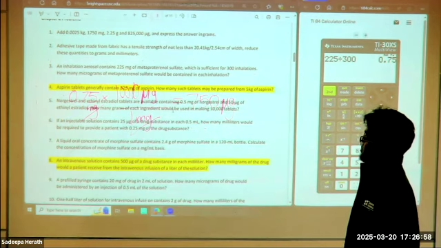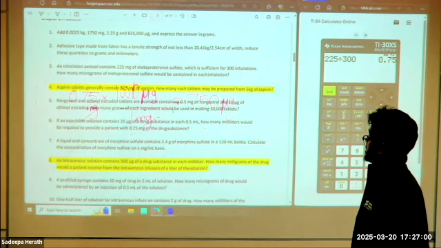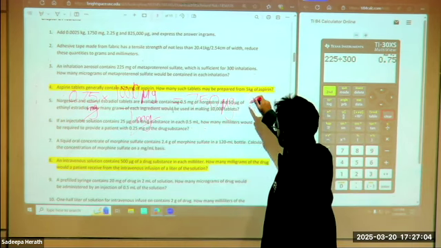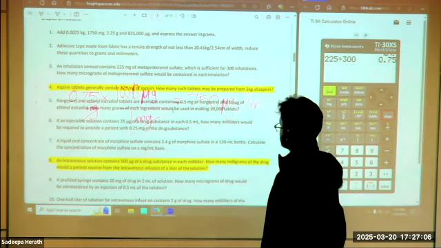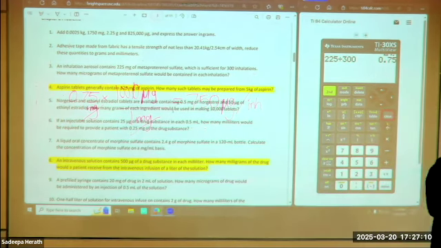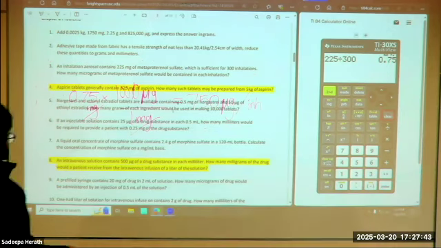How many micrograms of metaproterenol sulfate will be contained in each inhalation? There would be 750 micrograms per inhalation. Cool. Let me just make sure that I'm giving you the right answers here. Yep, that's right.